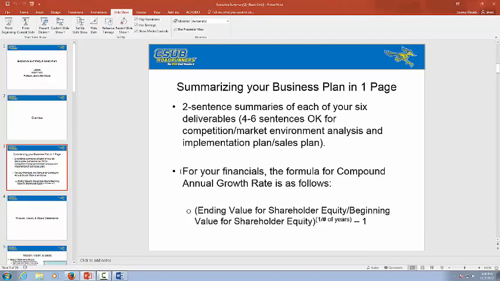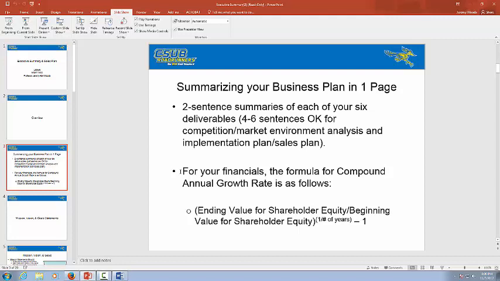For the financials section, there's a formula that I want you guys to know and be able to calculate for your business. It's called the compound annual growth rate, and the formula is basically ending value of shareholder equity. So that's the final tab in your spreadsheet, shareholder equity. The ending value divided by the beginning value raised to the 1 over the number of years.